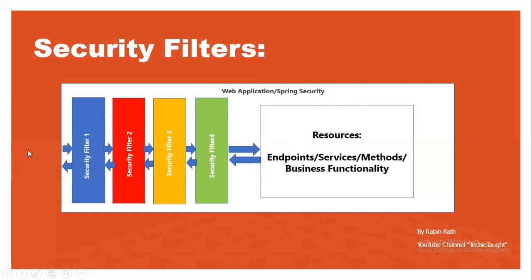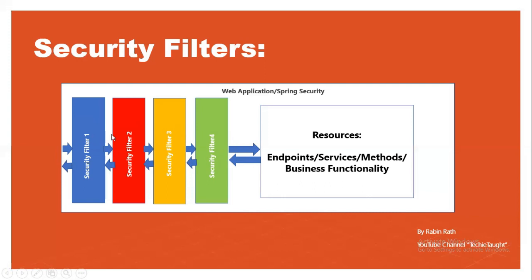When the request comes, based upon the security filter configuration, your request will be intercepted by all these filters. Suppose you have used only one filter, it will be intercepted by one. If you have four, it will be intercepted by four.